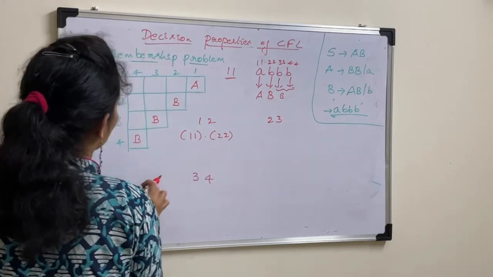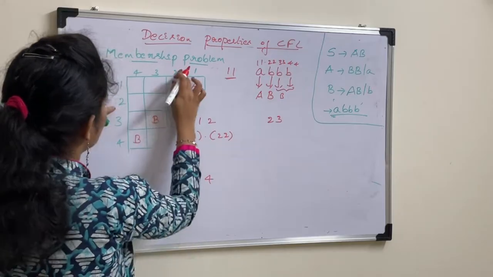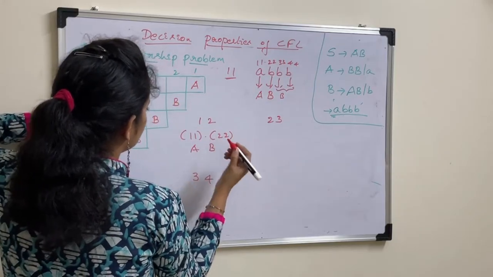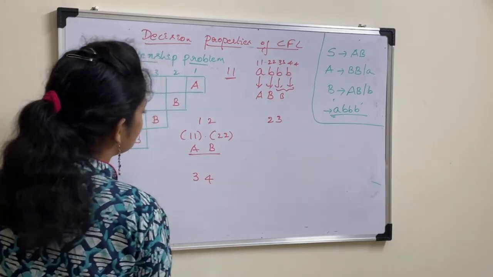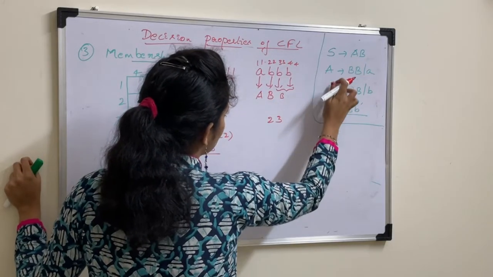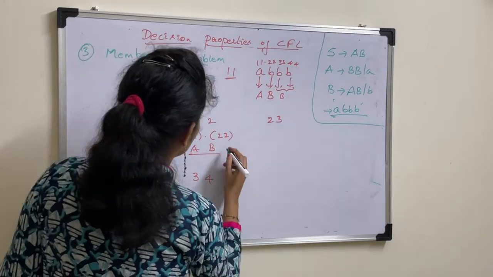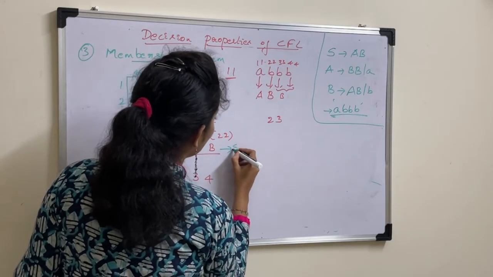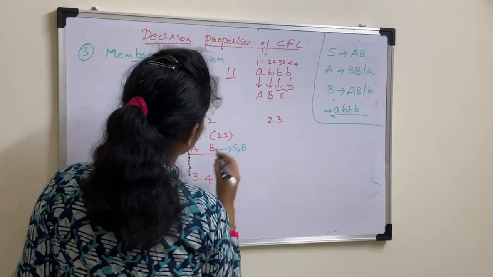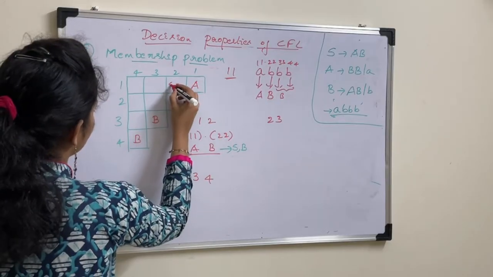What is 1 1? 1 1 means A, 2 2 means B. Check if we have any production deriving AB. Yes, AB is derived by S and B. So fill this 1 2 place with S comma B.